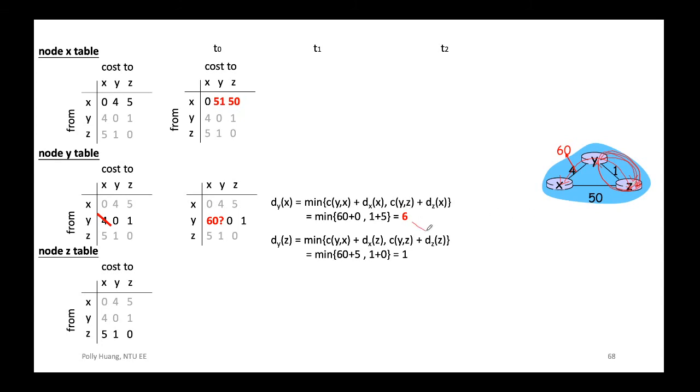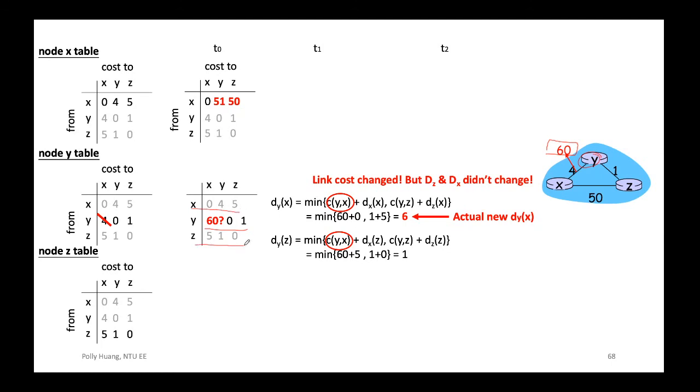So 6 here, again, is the new dyx. It's not quite yet the true dyx. So you see here, even though y is capable of detecting there's a link cost change right here, y's routing decision, route calculation, is still based on the old dx and old dz. Right at the link cost change, node y has not yet received the new dz, new dx yet.